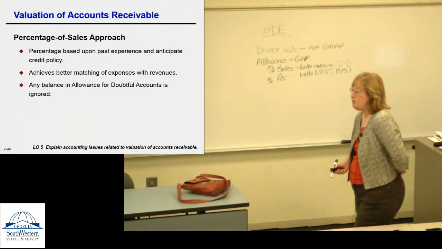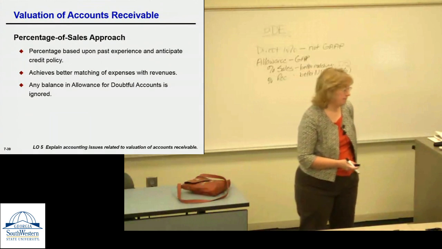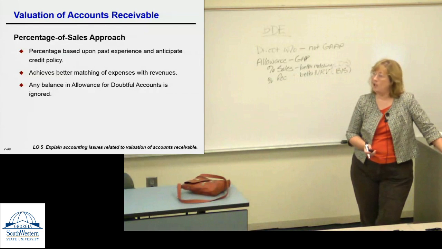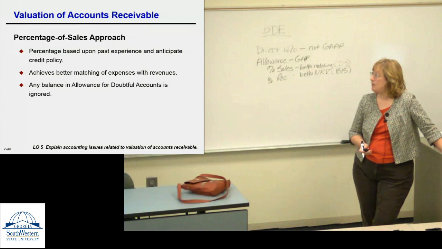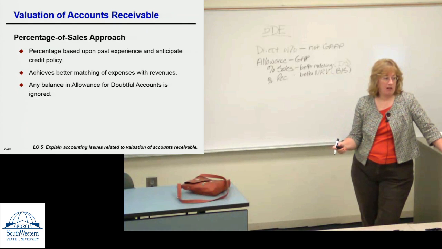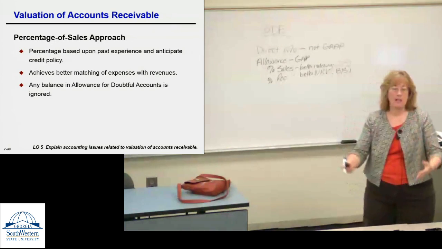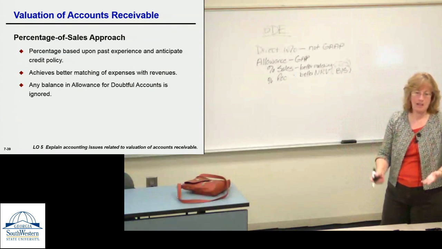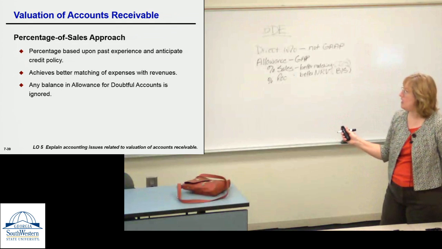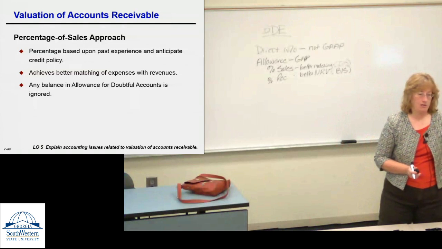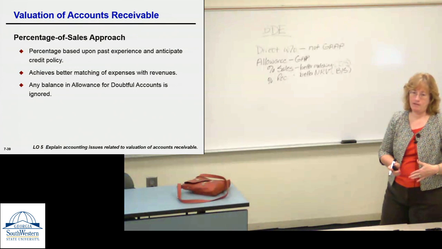Okay, so in the percent of sales method, it may be that your company kind of knows that X percent of people are not going to pay. Maybe your sales are very routine and your clientele is kind of standard, and you just know that of all the people that you sell to, X percent are not going to pay.